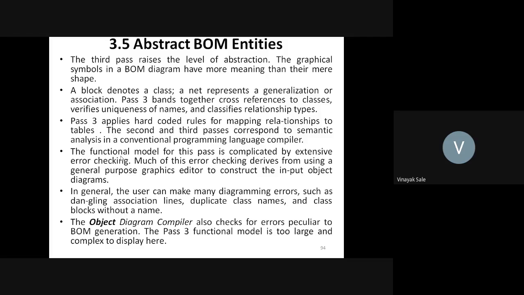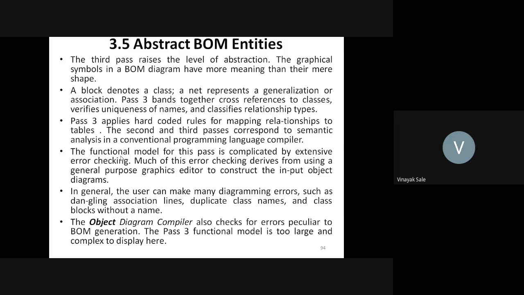The functional model for this pass is complicated by extensive error checking. Much of this error checking derives from using a general purpose graphics editor to construct the input object diagrams.